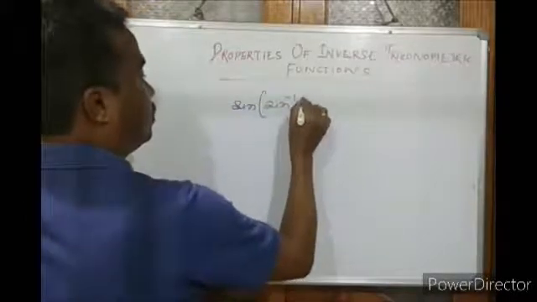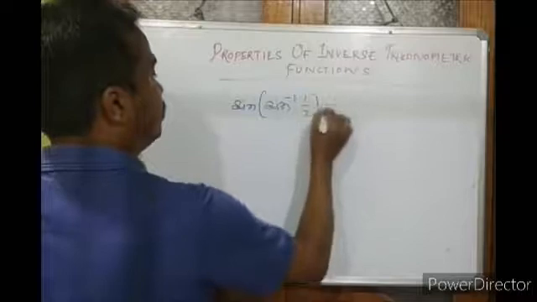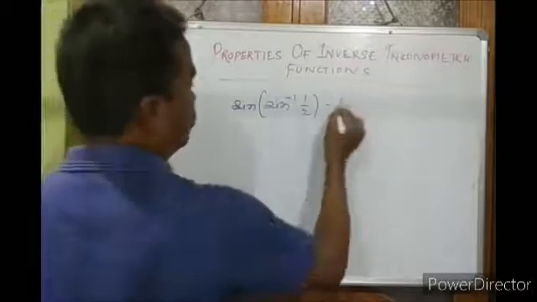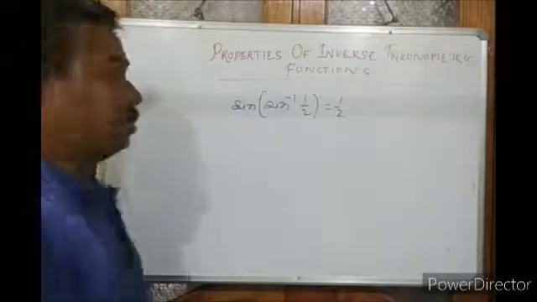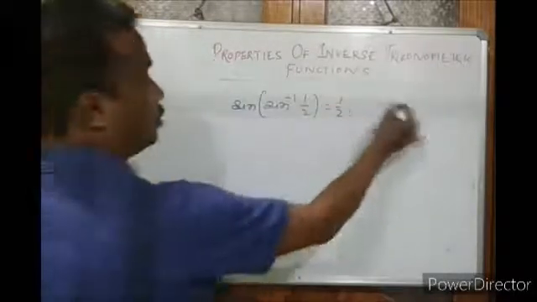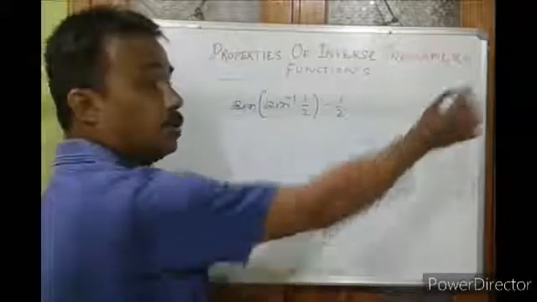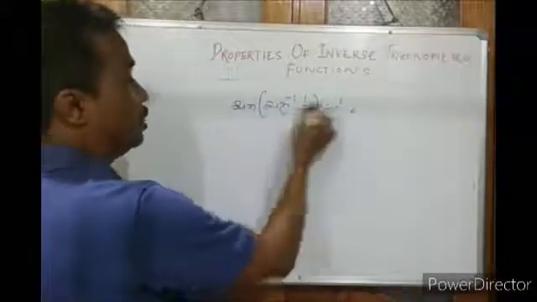Sine of sine inverse half is equal to, obviously, half. Another type of question: half belongs to the closed interval minus 1 to plus 1, so sine of sine inverse half is half.